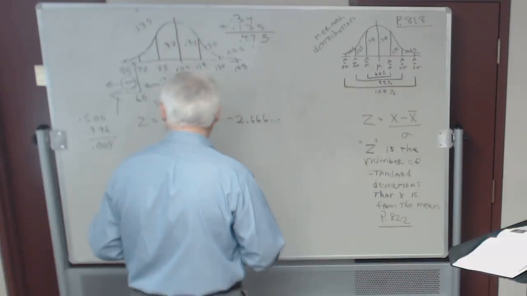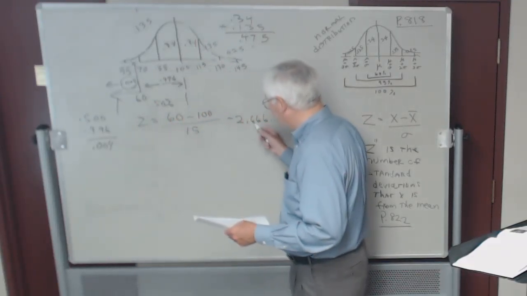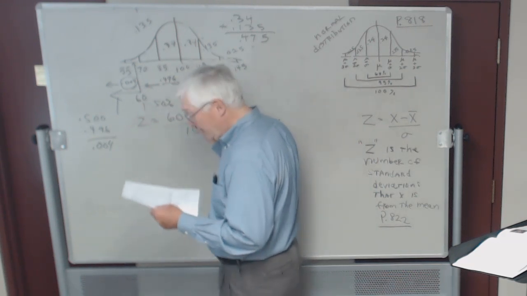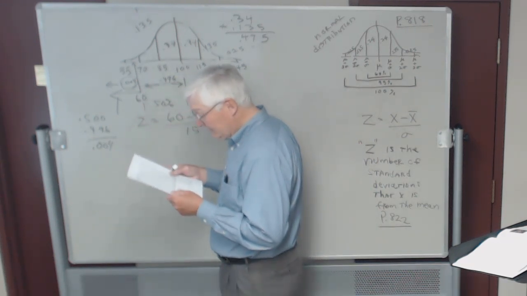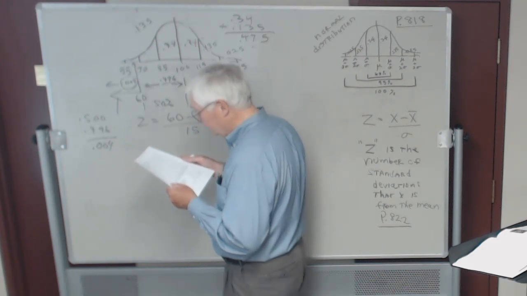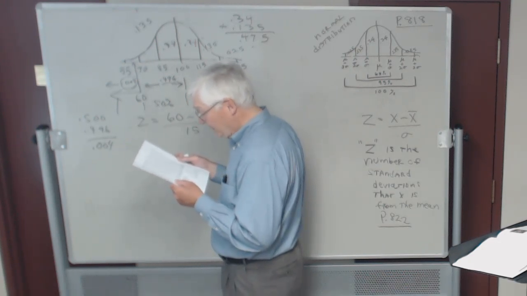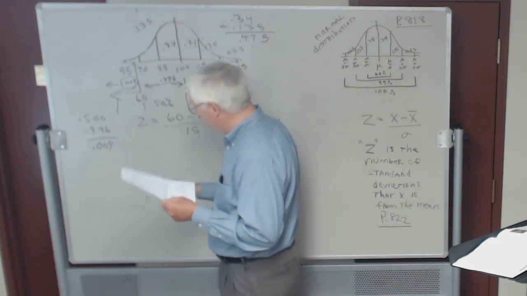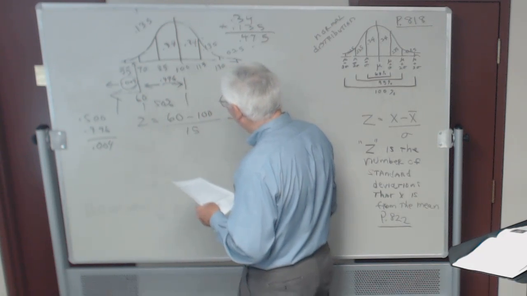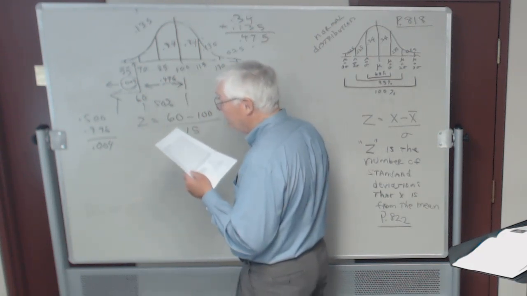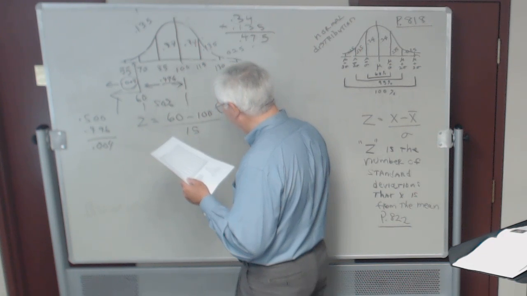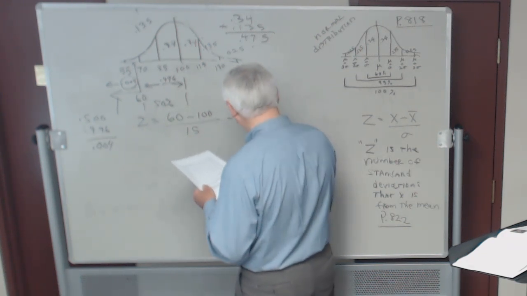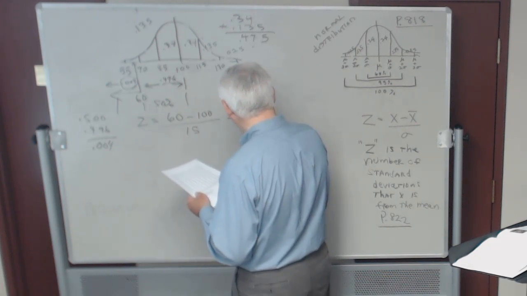Let's see if it works doing it another way, if you don't like this. 2.6 below the mean would be right here. So what's the furthest it goes? 3.2. So subtract 2.6 from 3.2.